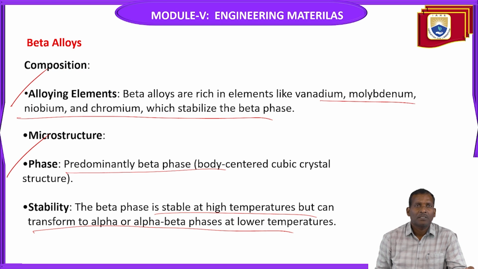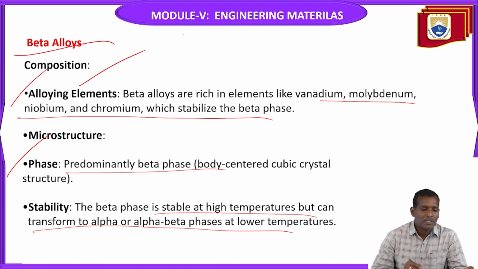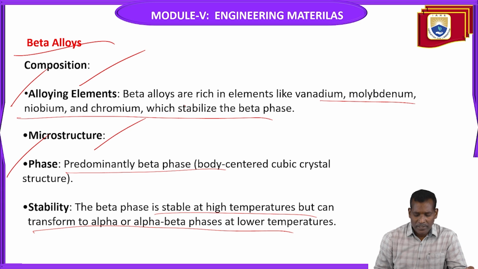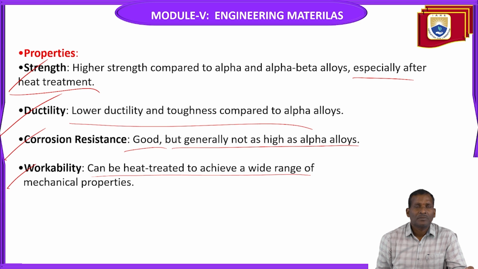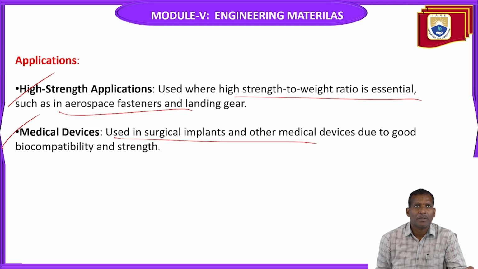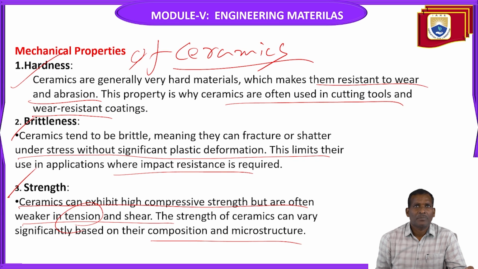The beta alloys: composition, alloying elements also we have seen, microstructure, phase stability, and properties. We have discussed the alpha alloy and beta alloy properties and applications.